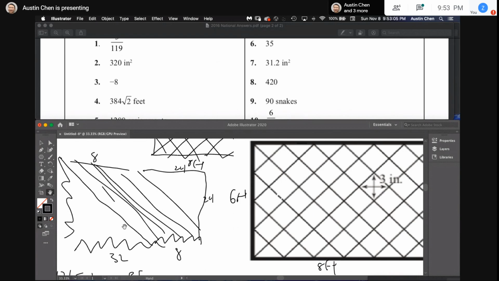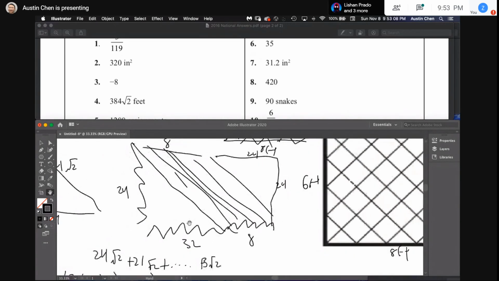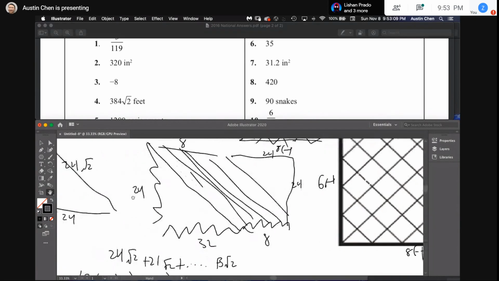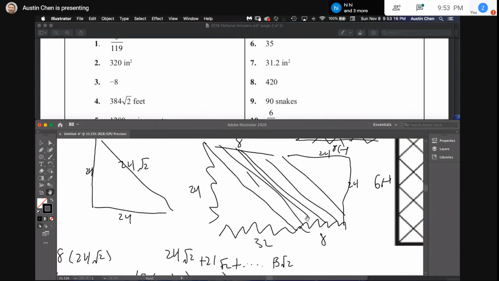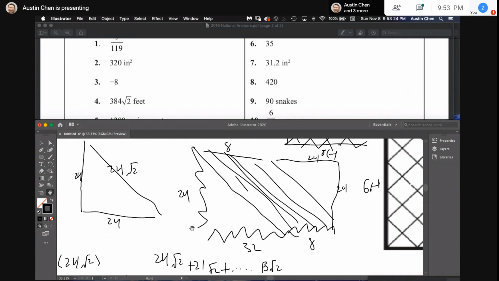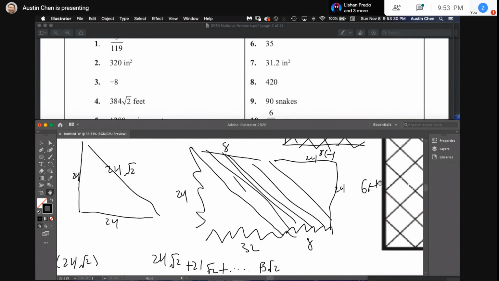Oh, okay. I see where I went wrong. I said these were 24 triangles and 32 triangles, right? But I used that as inches, but that's wrong, right? Because the actual length will be like three times the number of triangles, because the triangles are like 3 inches long there.